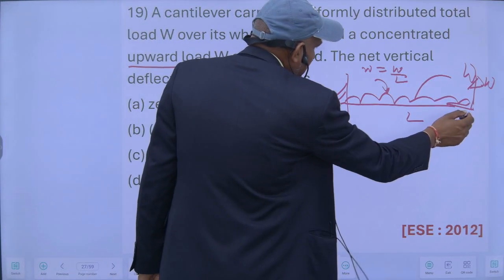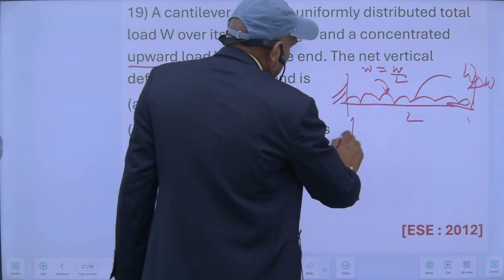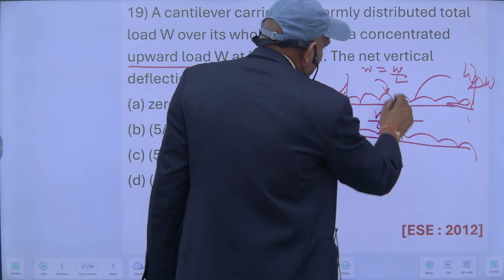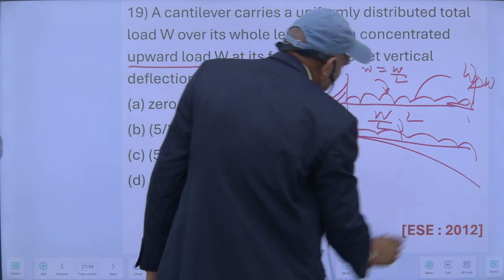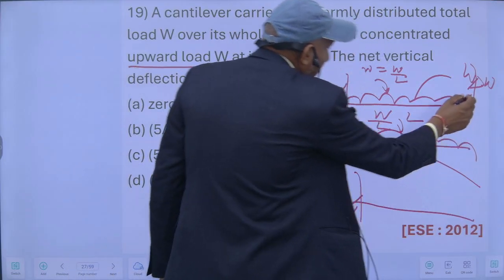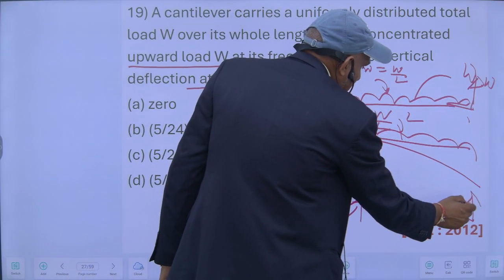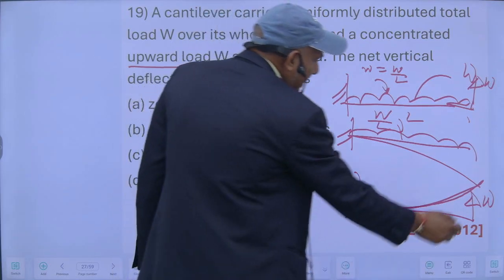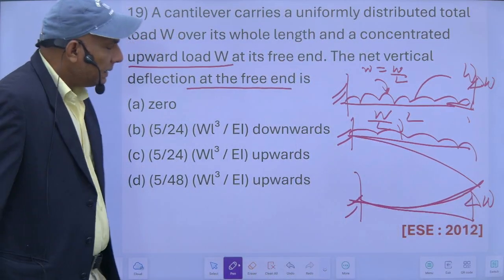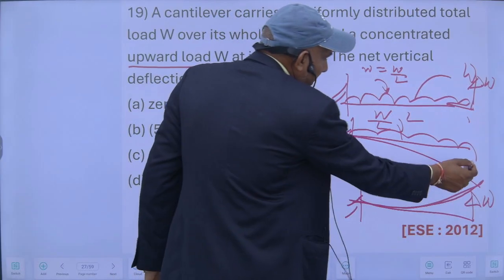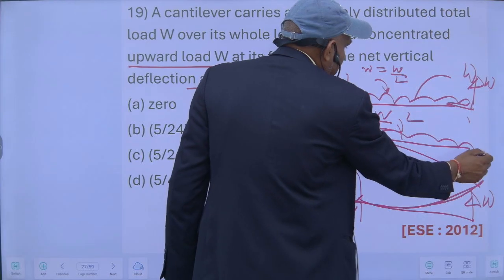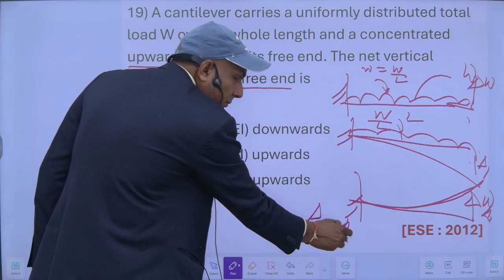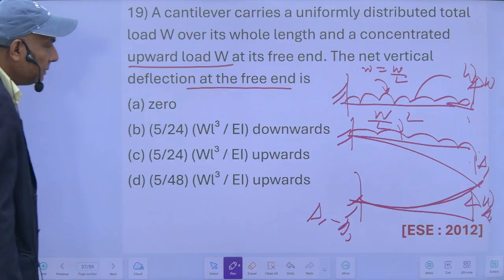The net vertical deflection at the free end. So I can treat it like this. W upon L is the intensity. This will deflect like this, and with this upward W the cantilever will deflect like this. So the net deflection at this end will be this minus this. If this is delta 1 and this is delta 2, my net deflection will be delta 1 minus delta 2. And what is delta 1?